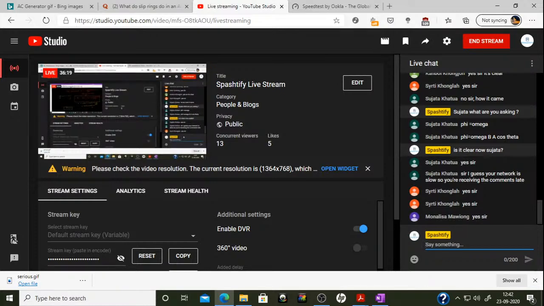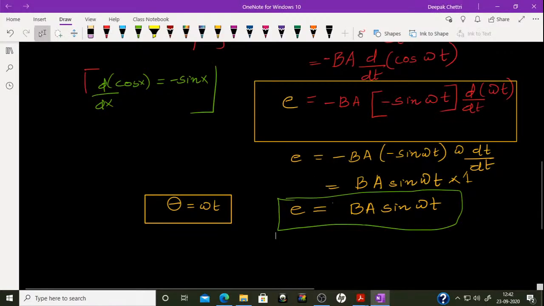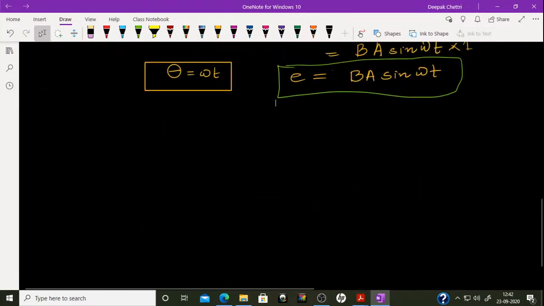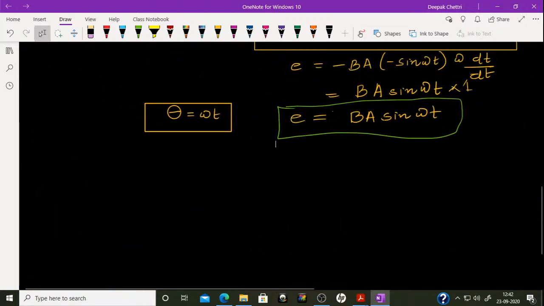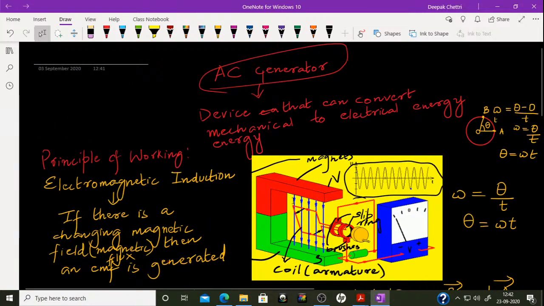Okay, so this is the EMF that you will get in this coil when you put it in a magnetic field whose value is B, and if the area of the coil is A, then the EMF produced will be BA sine omega t. So here we are taking a coil which has only one turn.